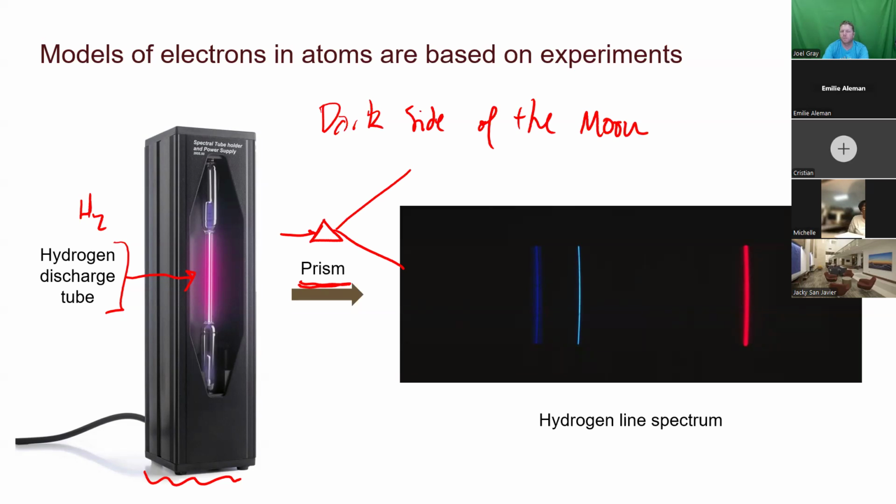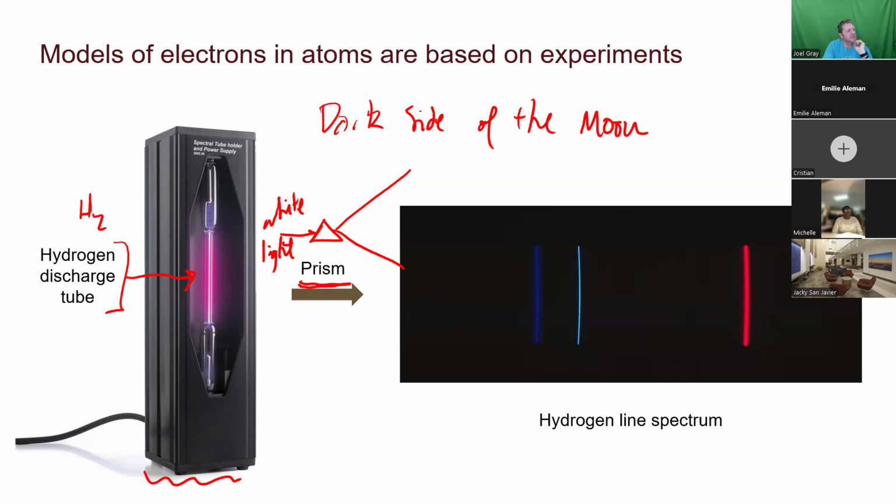What that's showing is that the white light that's sent into the prism is actually not just a single color. Instead, it's several different colors. That's all relevant because lights of different colors have different amounts of energy associated with them.